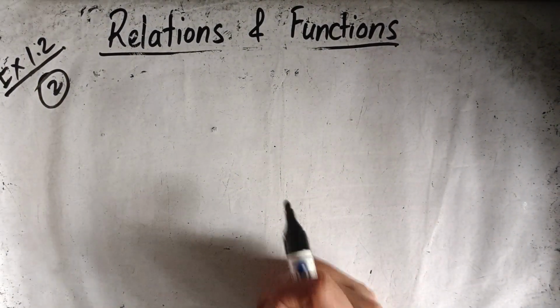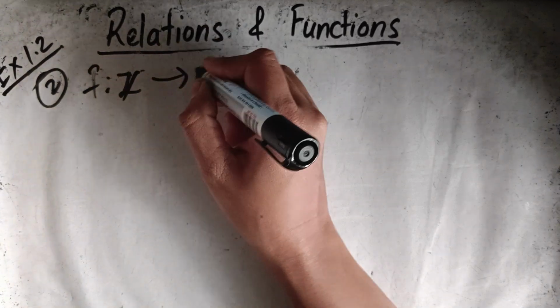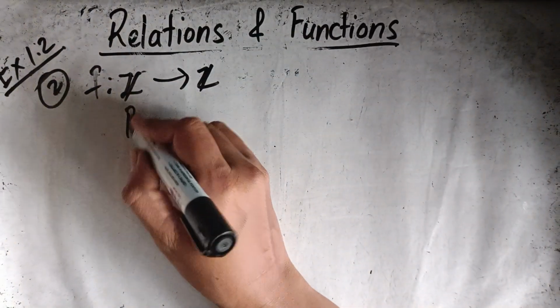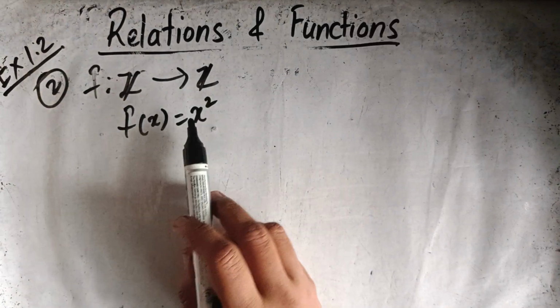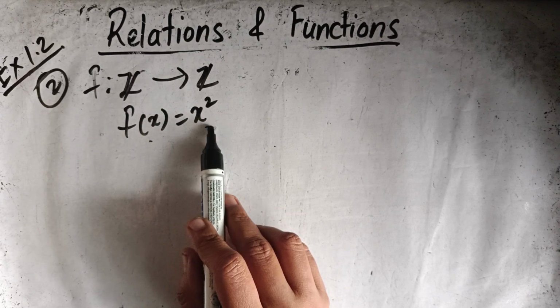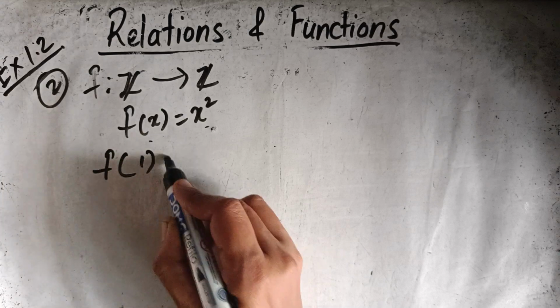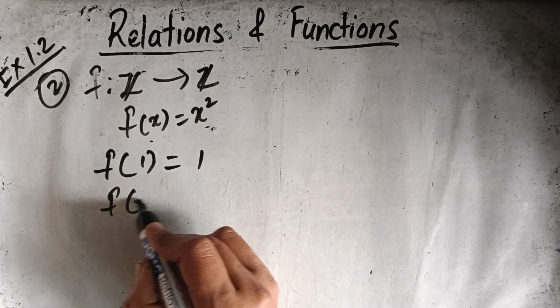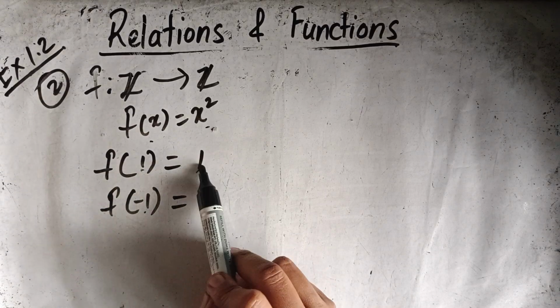Second one, it is the set of integers, all positive and negative numbers. Now in this you will get a negative number as well as a positive number. So f of 1 you'll get 1 and f of minus 1 you'll get again 1. So both are going to the same number.